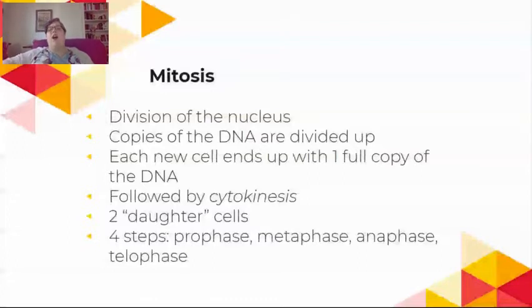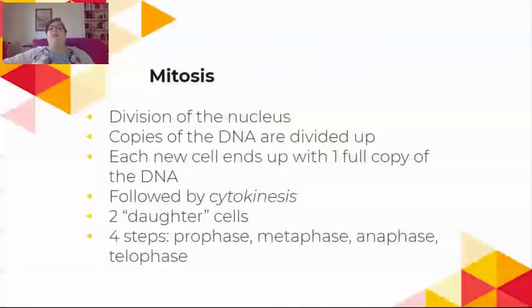It is division of the nucleus of the cell from one nucleus to two nuclei so that the cell can then split apart. So, those copies of the DNA that were made during S phase are divided up. One set goes to one side of the cell, one set goes to the other side of the cell, so that each new cell ends up with one full copy of the DNA.